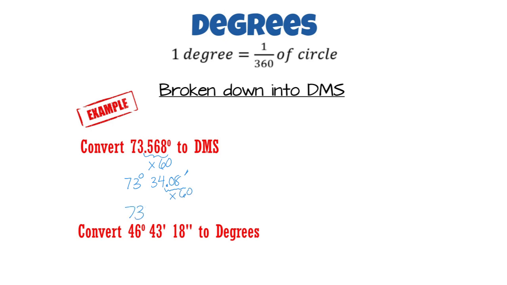So then I have 73 degrees, 34 minutes, and 0.08 times 60 gives 4.8 seconds. But typically, we will not write that as 4.8. By the time you get down to that small of a measurement, we just round it off. So we write this as 73 degrees, 34 minutes, and 5 seconds, with a double hash mark on the seconds.